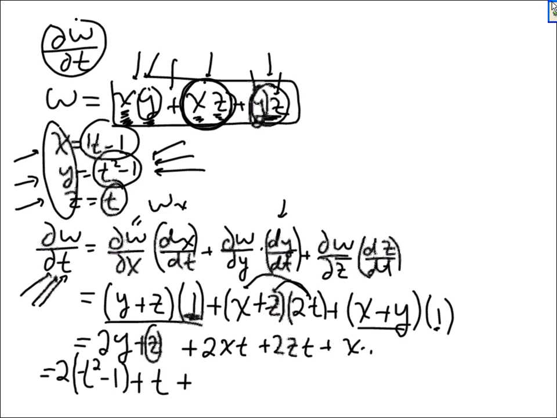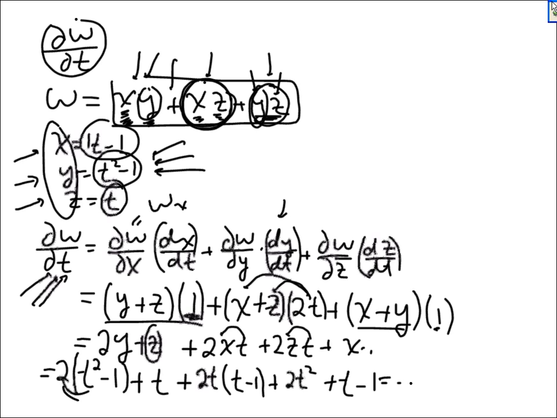You have 2t times x, where x is t minus 1, plus 2t times z, where z is t. Times by another t, you get t squared. Plus x, which is t minus 1. I'm really going to stop here.